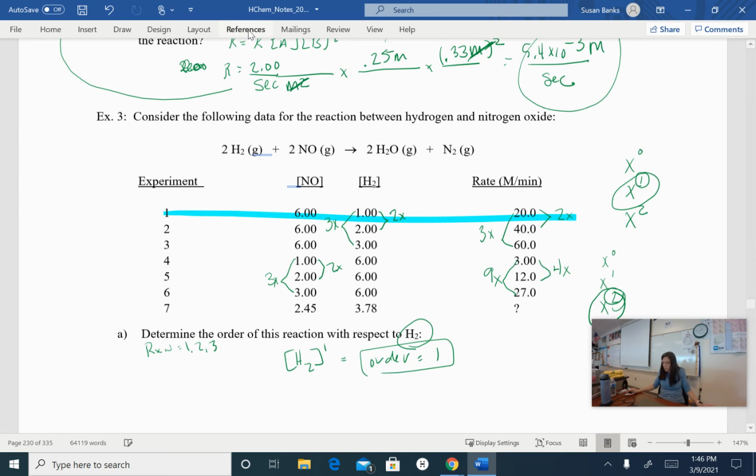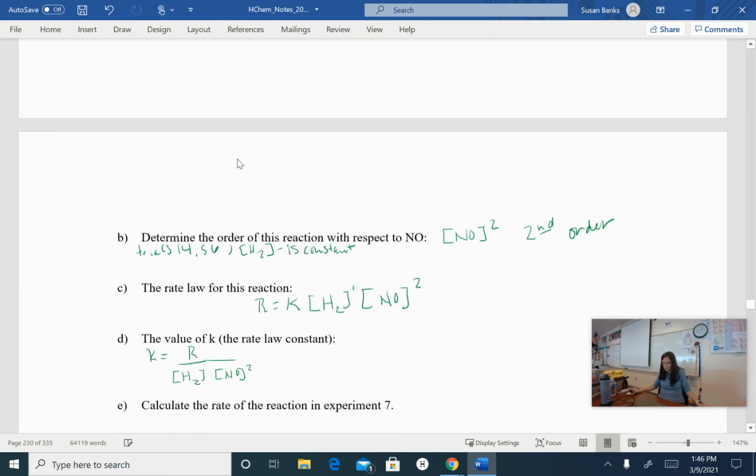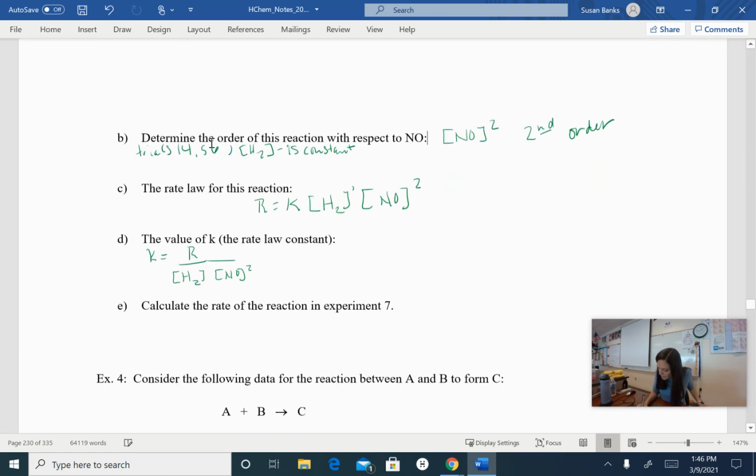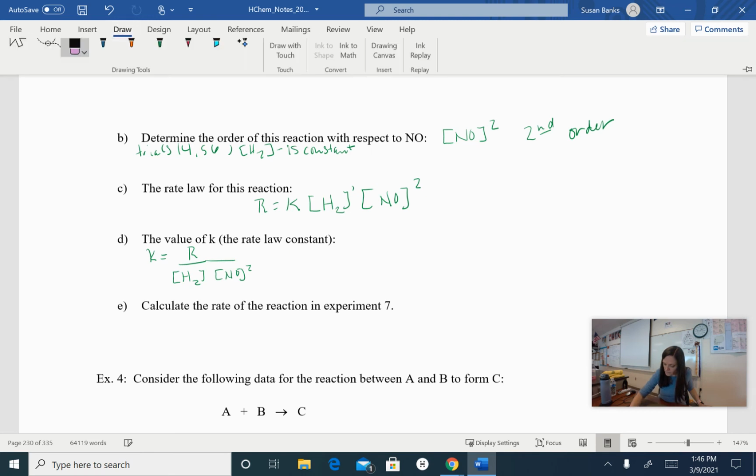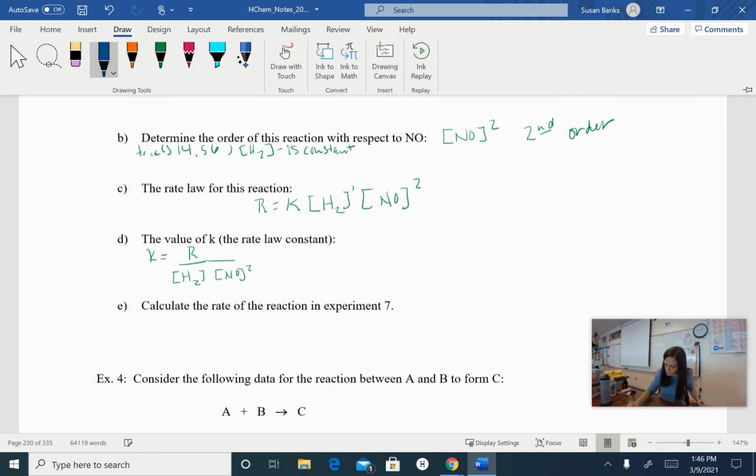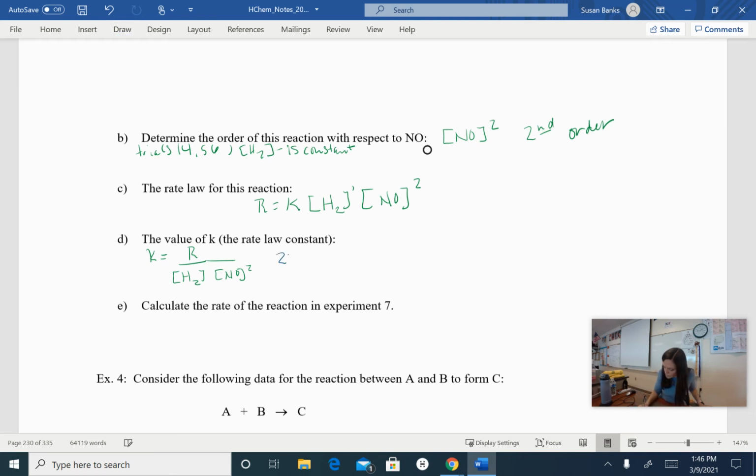So here we go. Our rate is 20 molar per minute.